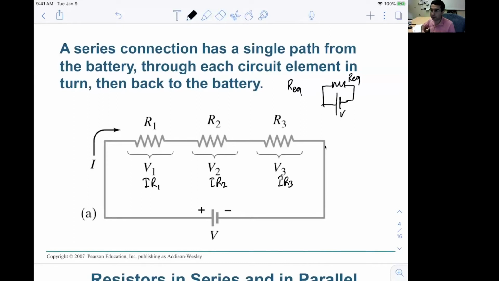You can think of the battery as increasing the potential by V, and at each resistor you have a drop in potential, V1, V2, and V3, which means that total V must be equal to V1 plus V2 plus V3. So if you write V1 in terms of I R1, R2, and R3, now you have a common I.